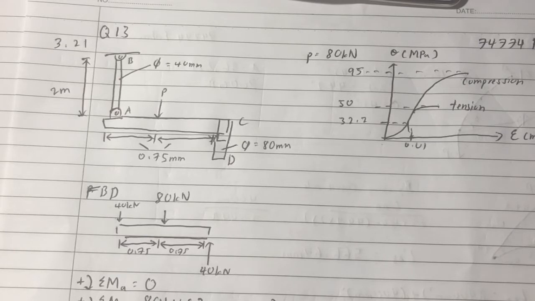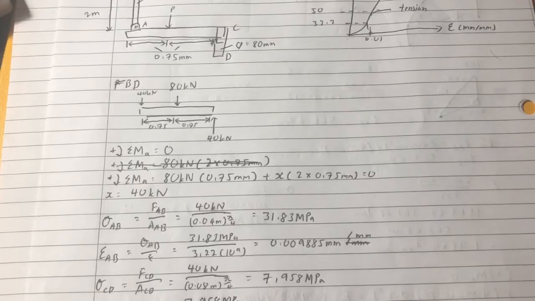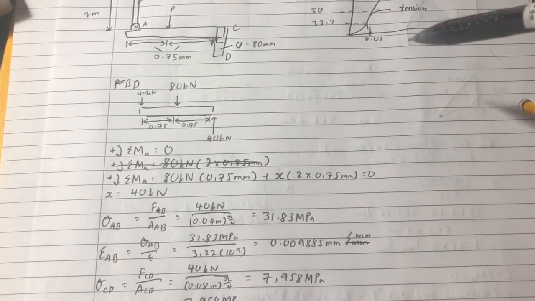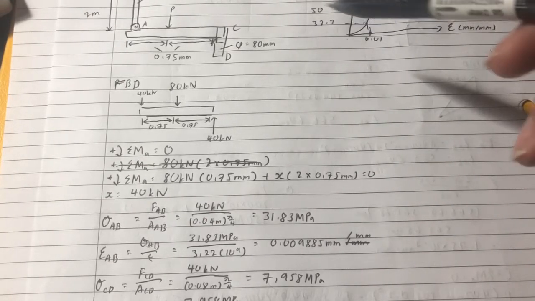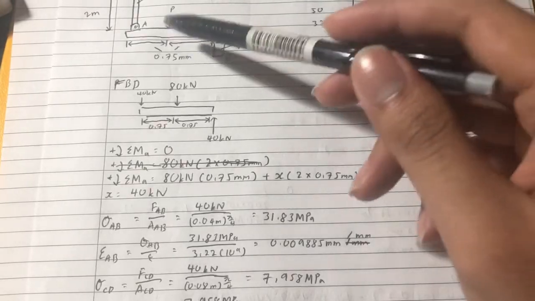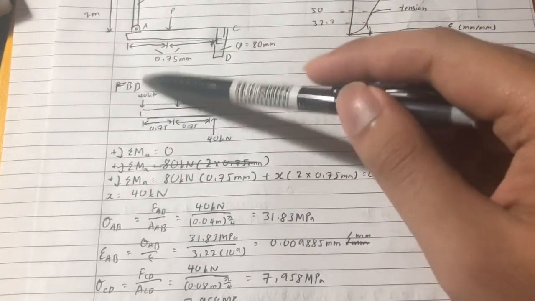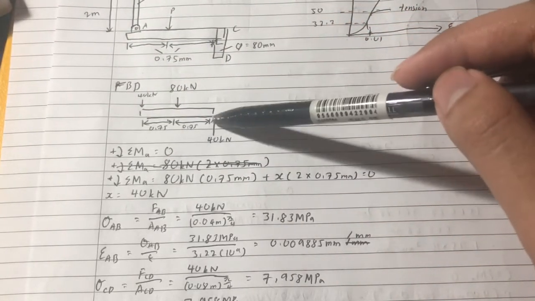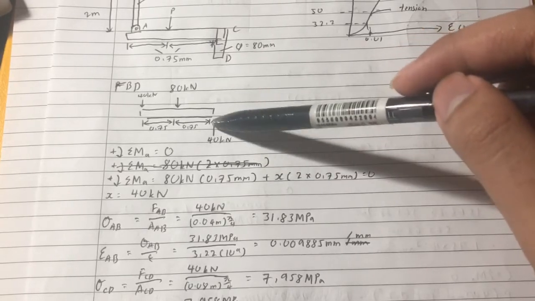So first thing you can see here, ada bar and then ada strut, and the force is in the middle of the bar. Dan saya boleh bagi ada the parameter with 0.75 mm di tengah. So from here we can see there's a moment over here. So this is the FBD diagram to find the moment, supaya kita dapat cari the force in the strut AB and then the rod BCD.